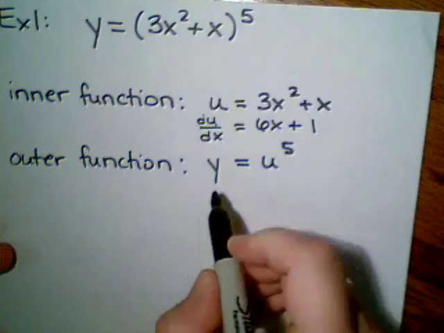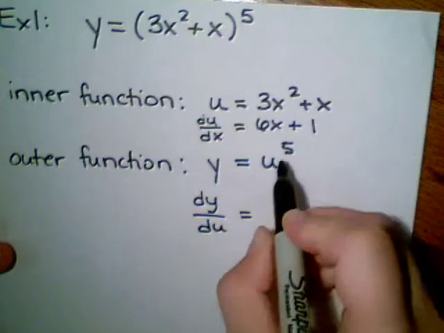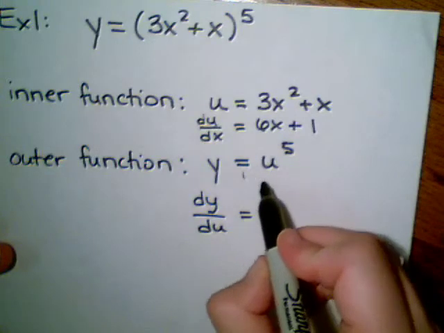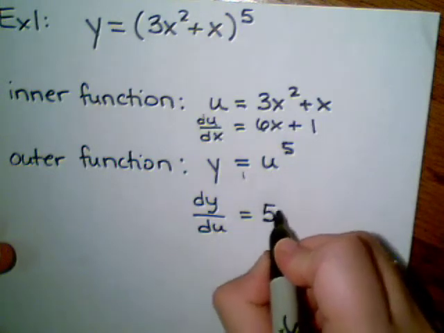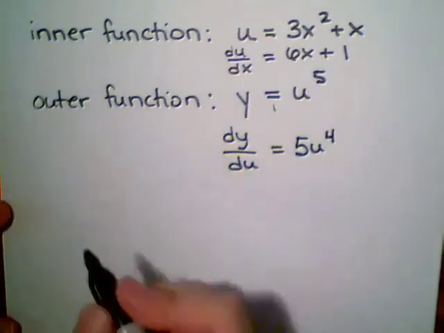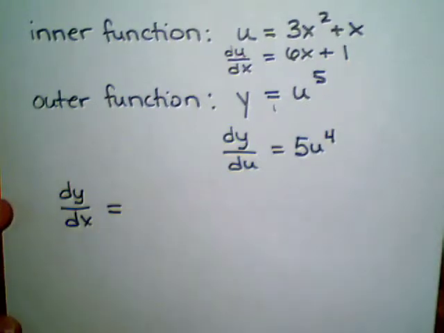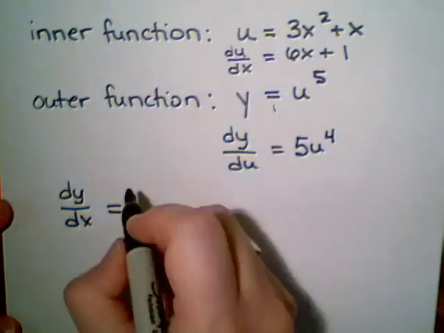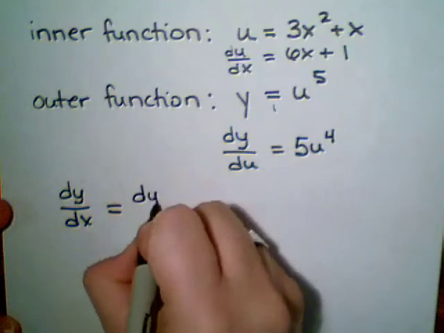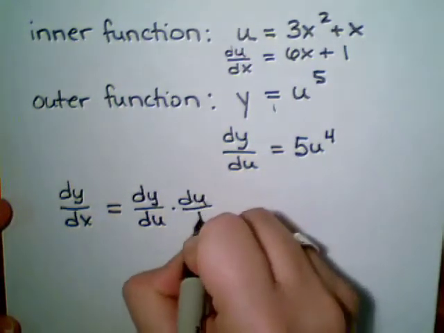And then second, we take the derivative of y with respect to u. Well, we have the power function u to the fifth, so its derivative is 5u to the fourth. Okay. So the first version of the chain rule told us to label our derivative dy dx, and to write down the product dy over du times du dx.